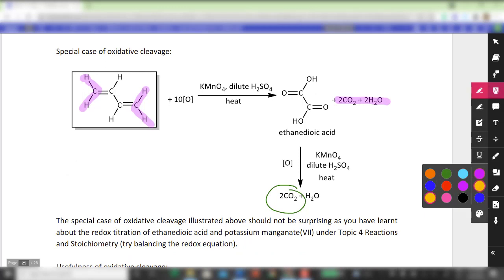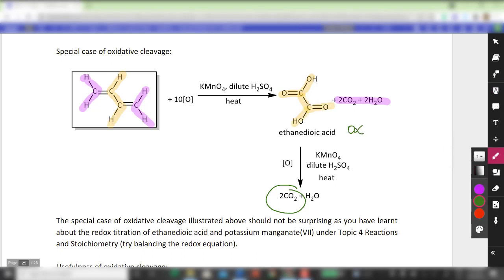And then the part in the middle will actually give me ethane dioic acid, or what we call oxalic acid. Oxalic acid is the common name. Oxalic acid, or ethane dioic acid, is actually unstable in the presence of oxidation conditions. So it will be further oxidized to give you 2CO2. Why is it unstable?